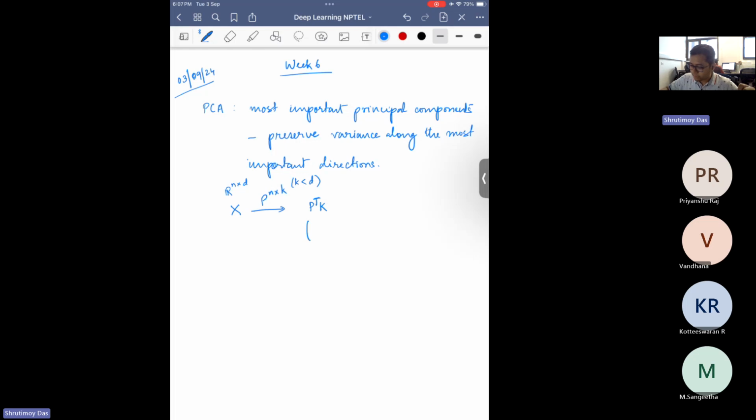So your P is n cross K, and then you have X, which is n cross D. So P transpose X, you just have to multiply this and you get a K cross D matrix, right?